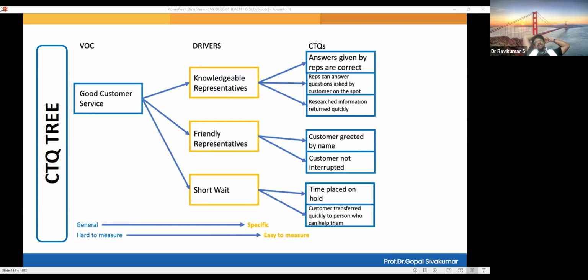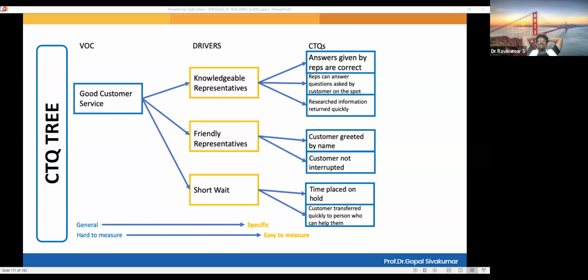See, for example, the drivers indicate there must be knowledgeable representatives. What does it indicate? If there are knowledgeable customer executives, they will be able to give the correct answer and answer the question asked by the customer on the spot. They won't say, please wait on the line so that I can get the answer.